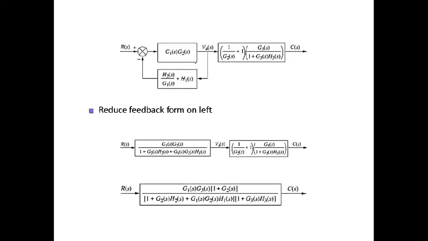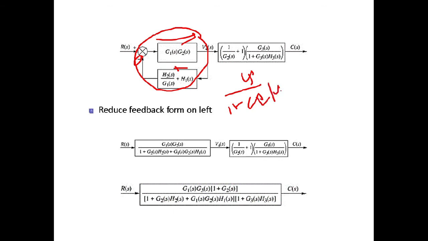In that case you can see that this is now the feedback form. Feedback element means the forward direction and the feedback direction, the negative feedback control system, so it will be G divided by 1 plus GH. Now put the value of G equal to G1 into G3 and H equal to whatever is right here in this block. If you put it inside this equation, you will get this much of a big transfer function.